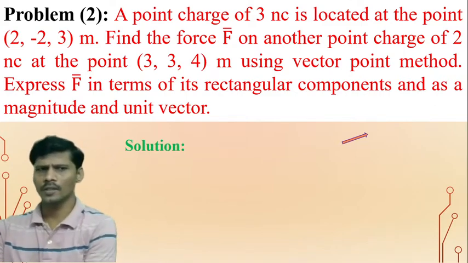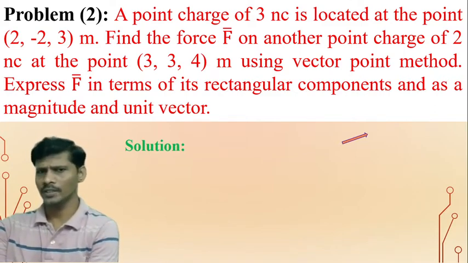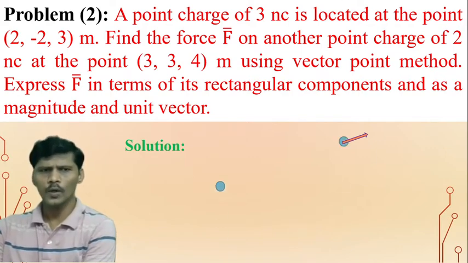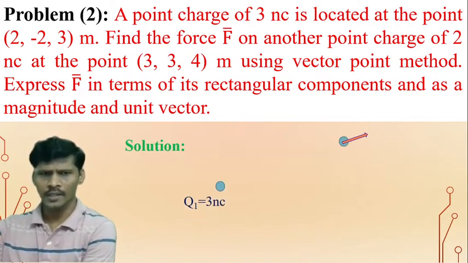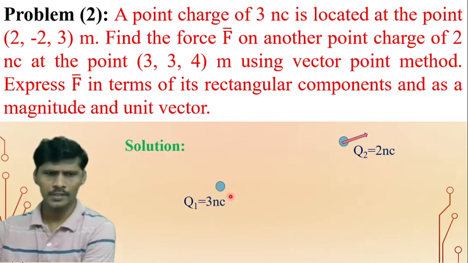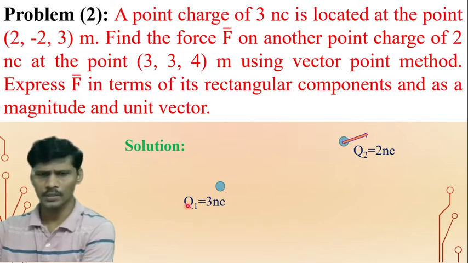So first, draw the graphical representation of the given data. There are 2 point charges, 3 nanocoulombs and 2 nanocoulombs. Q1 is equal to 3 nanocoulombs, and this is the 3 nanocoulombs point charge and this is the 2 nanocoulombs point charge.